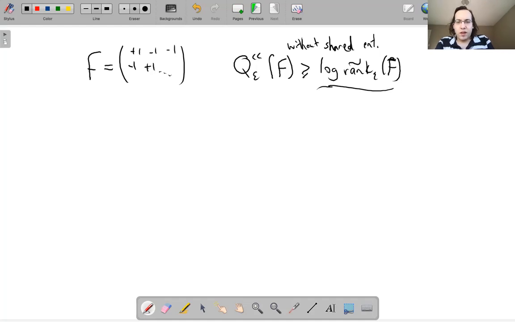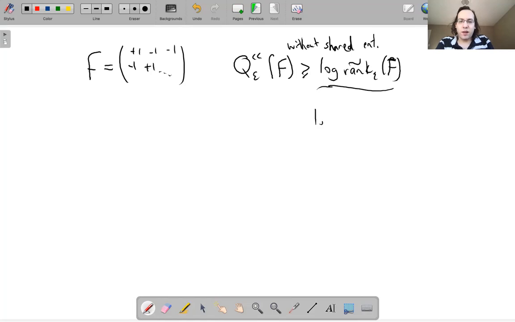So one nice thing to do, it turns out, is to switch from this measure of approximate log rank, which lower bounds quantum communication complexity without shared entanglement. We switch to a related measure that we'll define called the approximate gamma 2 norm.